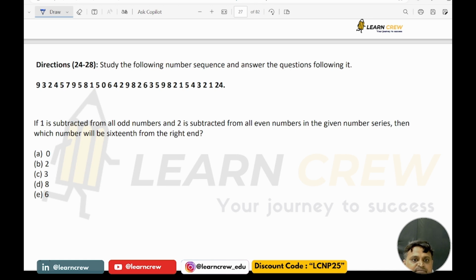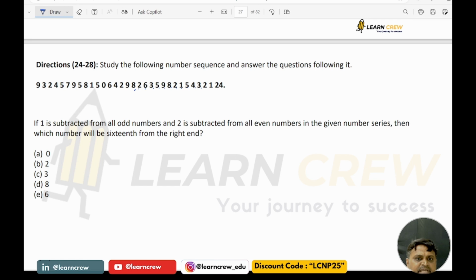If 1 is subtracted from all odd numbers and 2 is subtracted from all even numbers in the number series, then which number will be 16th from right hand? See here, 1, 2, 3, 4, 5, 6, 7, 8, 9, 10, 11, 12, 13, 14, 15, 16.